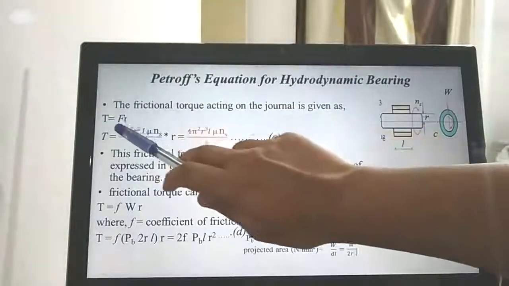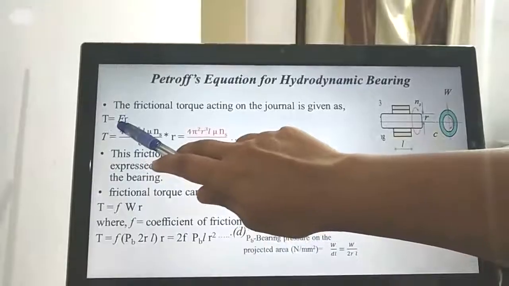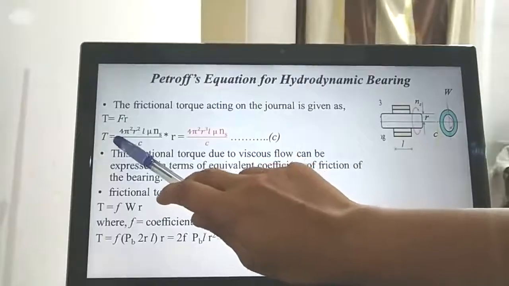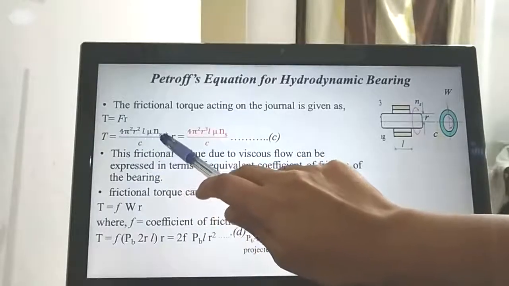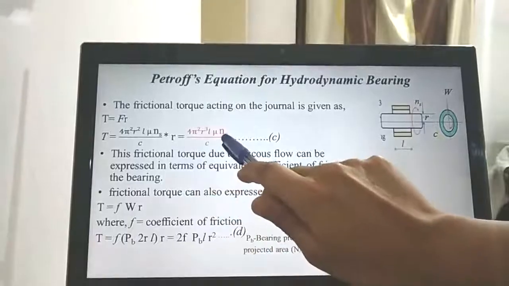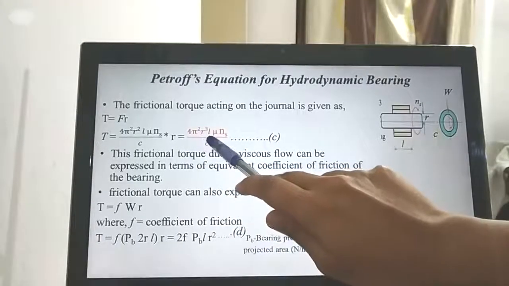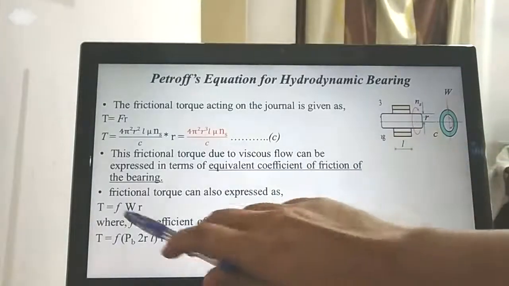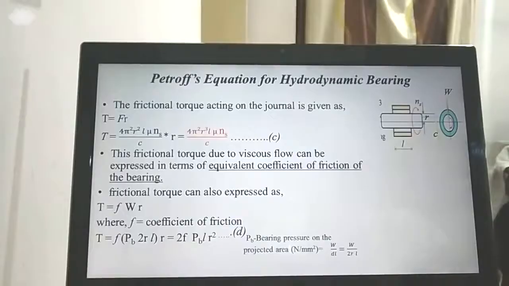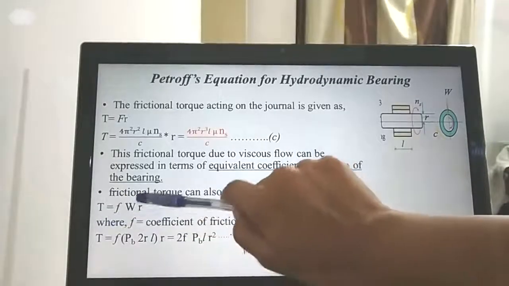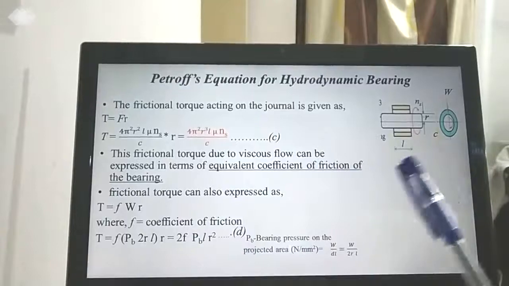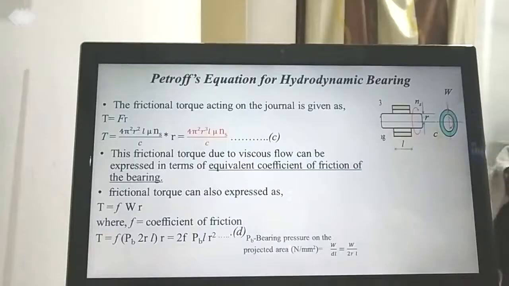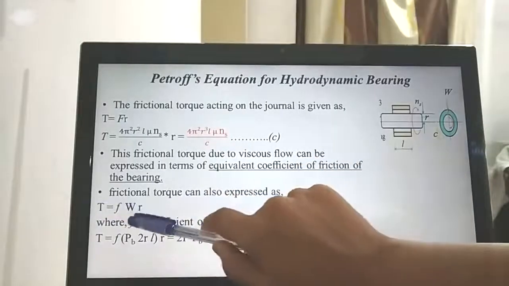So T is equal to F into R, the tangential frictional force into R. Substituting the formula, 4 pi square r square L mu ns divided by C into R, it becomes 4 pi square r cube L mu ns divided by C. But the frictional torque can also be expressed as T is equal to WR, where W is the radial load and R is the radius.